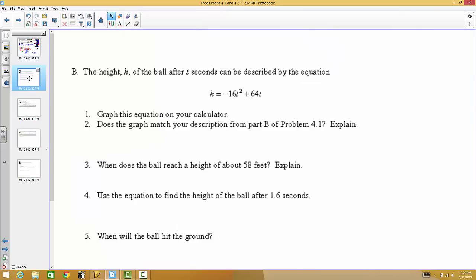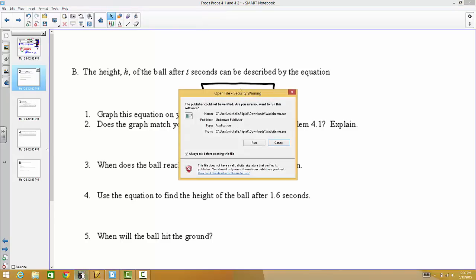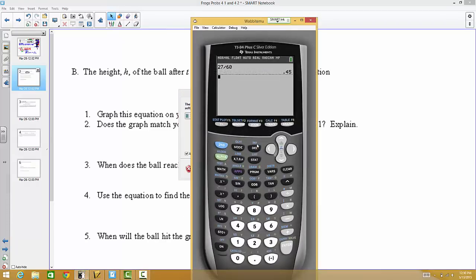Okay, so if you put this equation into your graphing calculator, let's see what happens. So you can bring up your graphing calculator on your computer. And I think this one clears.